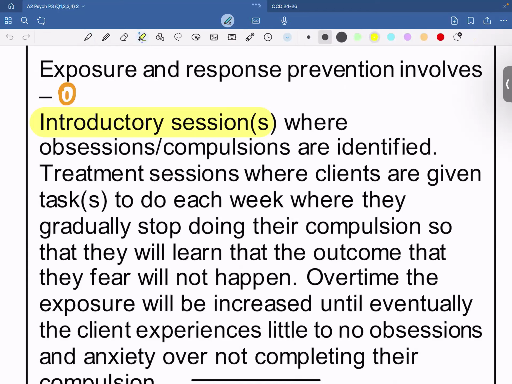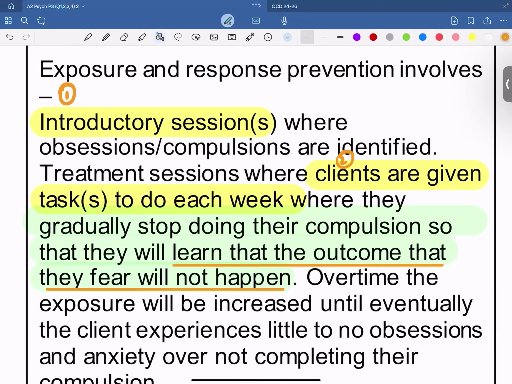Number two, treatment sessions where clients are given tasks to do each week where they gradually stop doing their compulsions, so that they learn that the outcome they fear will not happen. So it's a gradual process where you stop acting in a compulsive manner, and once you're able to do so, you learn that these compulsions weren't really necessary in the first place.